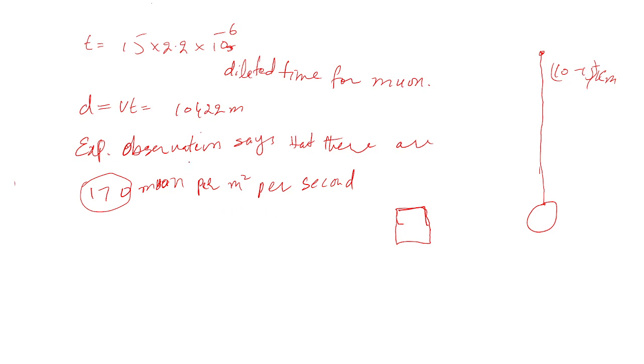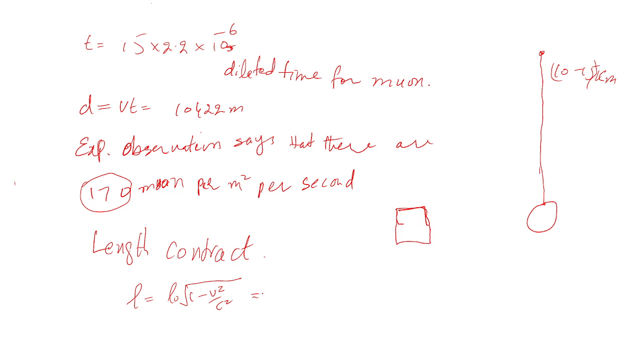The reason is not only that time dilates for the muon, but length also contracts. Length contracts for the muon, and we discussed that contraction. So the contracted length is equal to L naught under root 1 minus V square over C square.